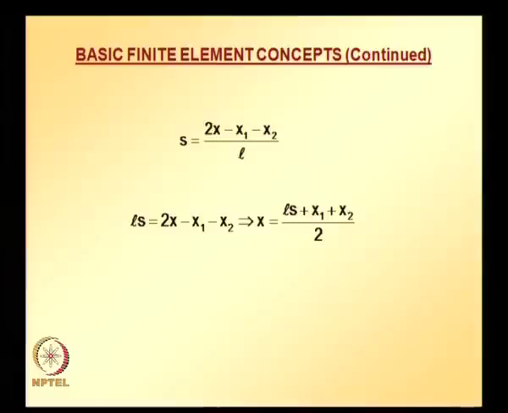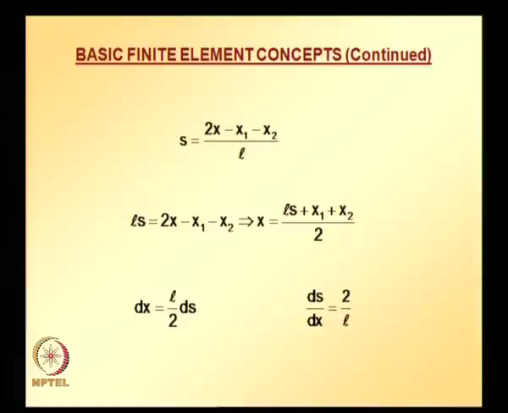And taking derivative of this on both sides results in dx is equal to L over 2 times ds, which can be rearranged in the manner ds over dx is equal to 2 over L. The inverse relation, that is dx over ds, derivative of x with respect to s, is called Jacobian.